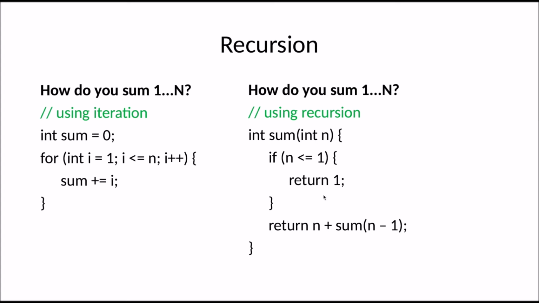In the function definition, I call the very function that I'm describing. Now, since I pass an n minus 1, eventually I hit the condition and I return 1. So n is basically the counter as I use i in the iteration here. But in the recursive case, I count down from n all the way down to 1. Versus using iteration, I count up from i equals 1 all the way to n.